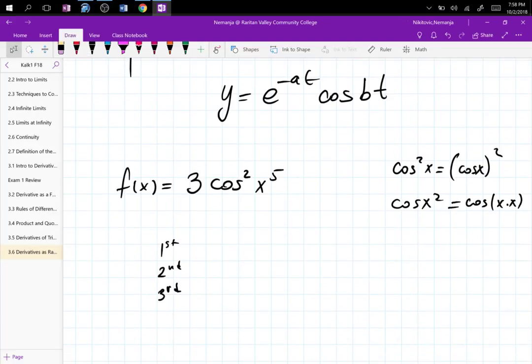So what's the inner function? x to the 5. What's that in? It's in cosine x. And what's that in? It's in x squared. Well, 3x squared. So now, when you do function composition, and this is the stuff you're reviewing, because we are going to take the derivative of this, right?